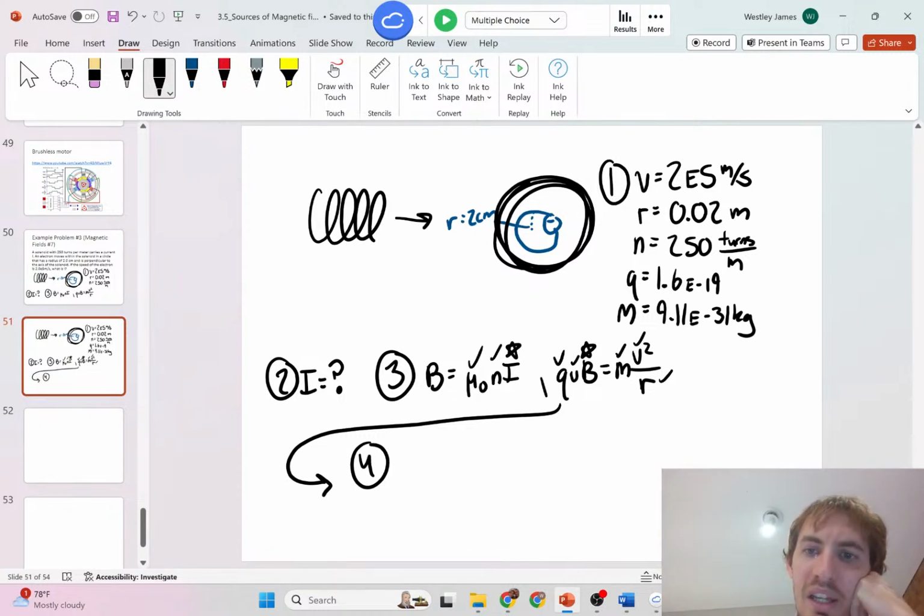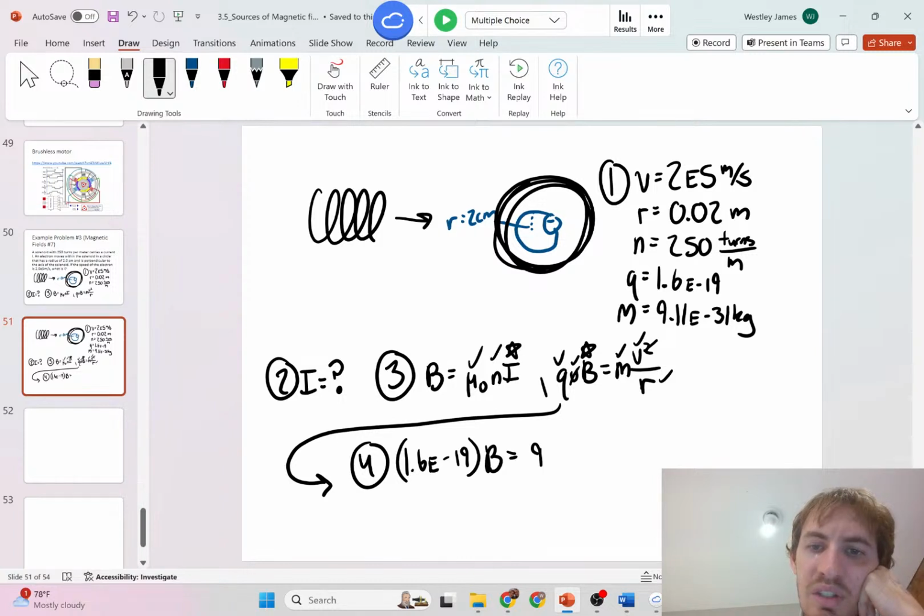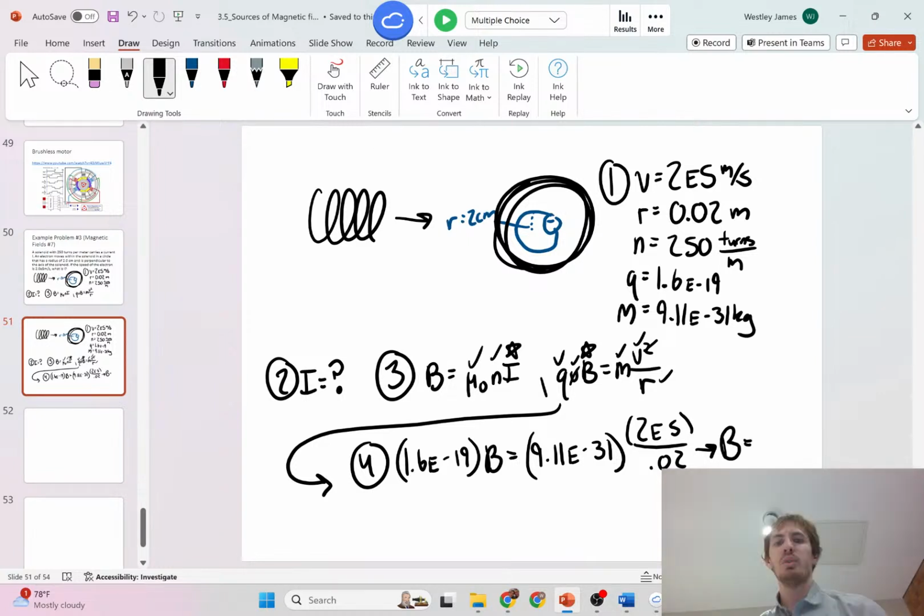So QVB equals mv squared over r, so 1.6 times 10 to the minus 19. I'm going to go ahead and cancel out this v with this squared, save myself a little bit of writing. Times B equals 9.11 e to the minus 31 times 2e5 over 0.02. You do some algebra and you get the following answer.